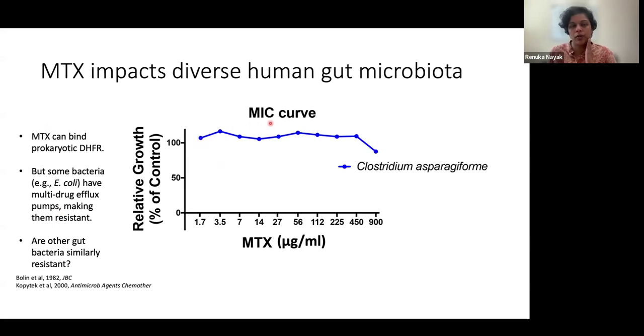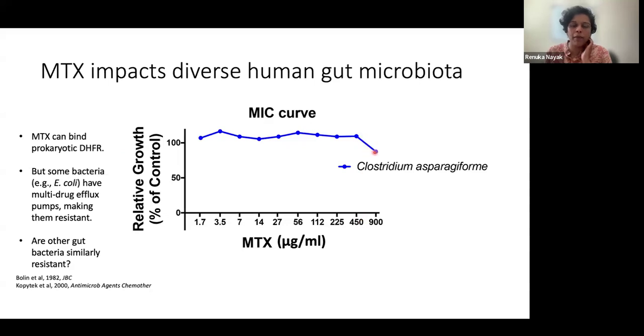Here I'm showing you what is called a minimal inhibitory concentration curve, or MIC curve, where I incubated a microbe like C. asparagiforme with 10 different concentrations of methotrexate, and then looked at the growth of C. asparagiforme relative to the control, without the drug. Here you can see that C. asparagiforme grows pretty well in the presence of different concentrations of methotrexate.